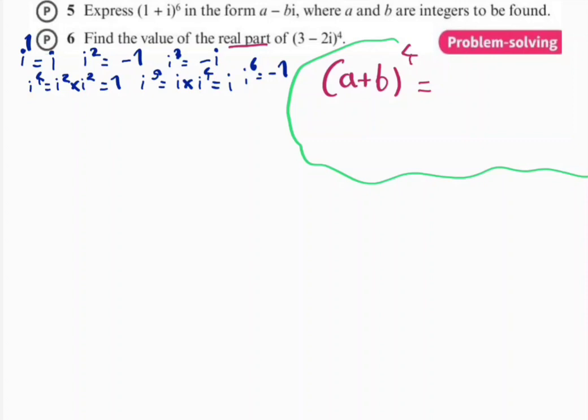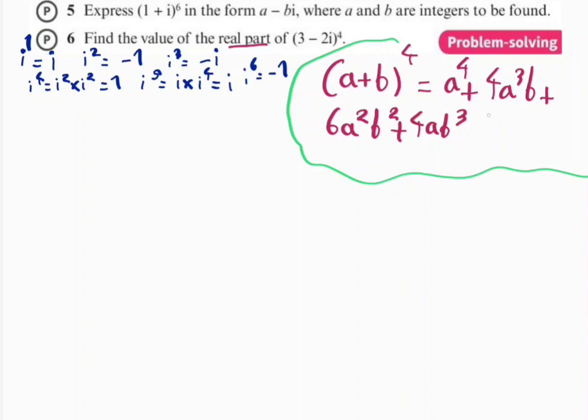The difference is that the bracket is raised to the power of 4, so we need to use the binomial expansion of 4, and that is equal to a to the power of 4 plus 4a cubed b plus 6a squared b squared plus 4ab cubed, plus b cubed.